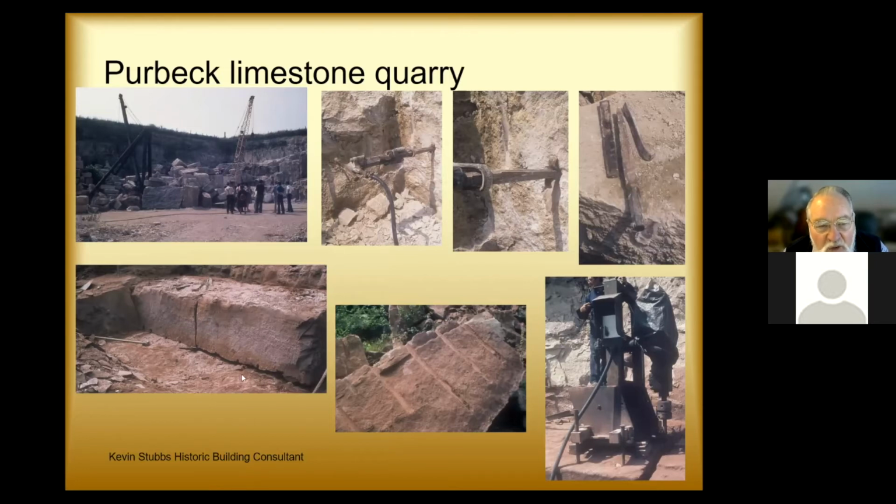The way it was quarried was using a drill. To start with, this was a hand drill beaten in with a sledgehammer, and you drilled a series of holes along the bed where you wanted to split it.